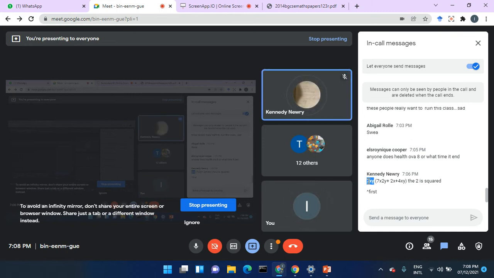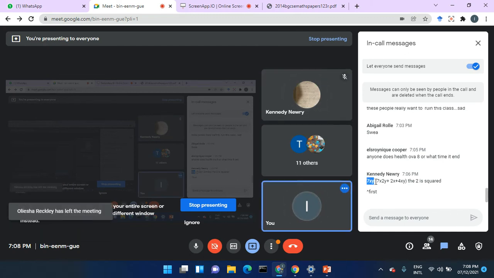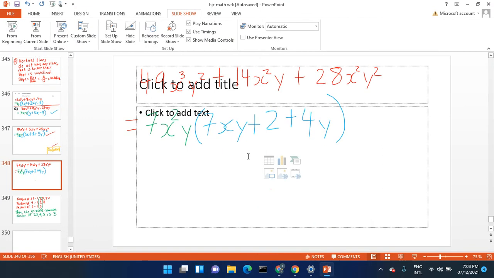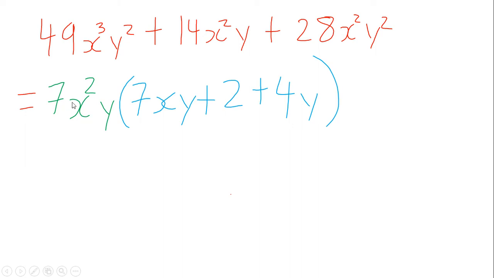That's wrong, you have to switch it. The reason is that this is the greatest common factor, so it has to be first, because each term has 7, each term has x squared, and each term has y.